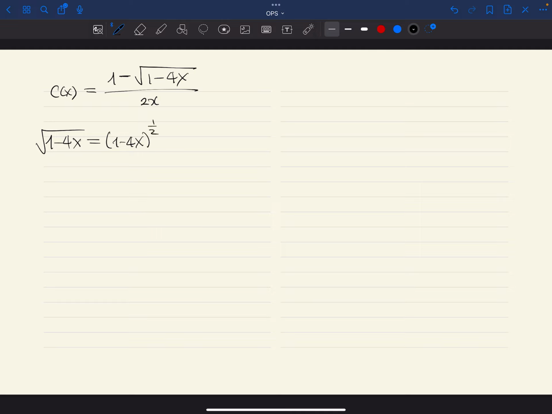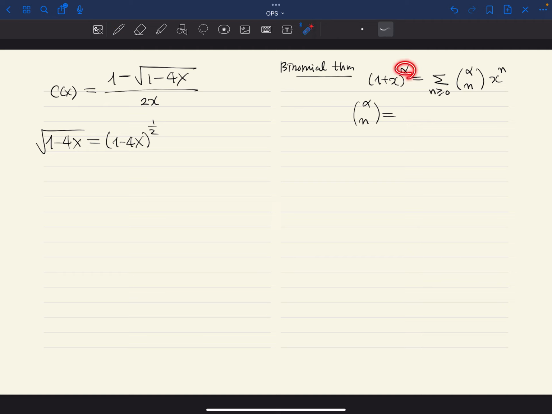But we can use the binomial theorem. So it's a binomial theorem. It says that (1 plus x) to the alpha equals the sum over n greater than or equal to 0 of alpha choose n, x to the n. Where alpha choose n is, alpha can be anything, not necessarily an integer, alpha times (alpha minus 1) up to (alpha minus n plus 1), divided by n factorial.